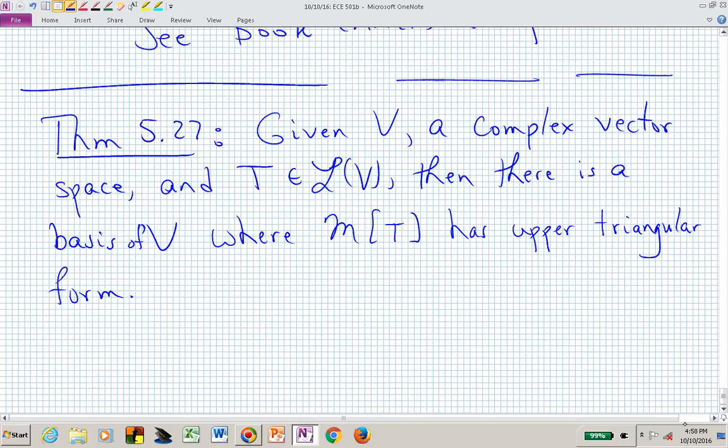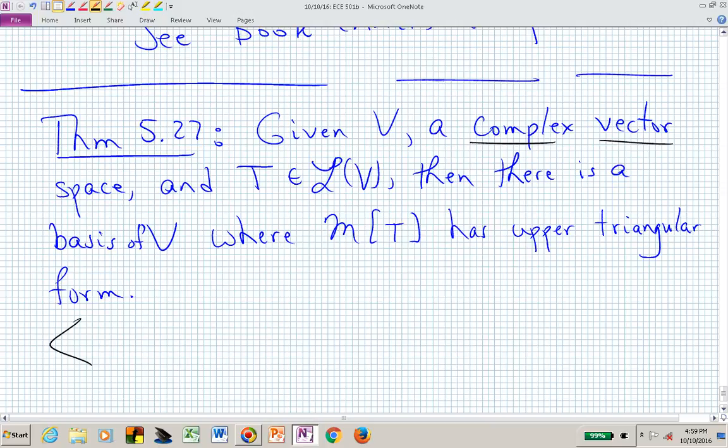Now that's actually a fairly powerful theorem. What does that say? If you're working on a complex vector space, you can always find an upper triangular representation, a basis that will produce that. But the caveat or the constraint is complex vector space.